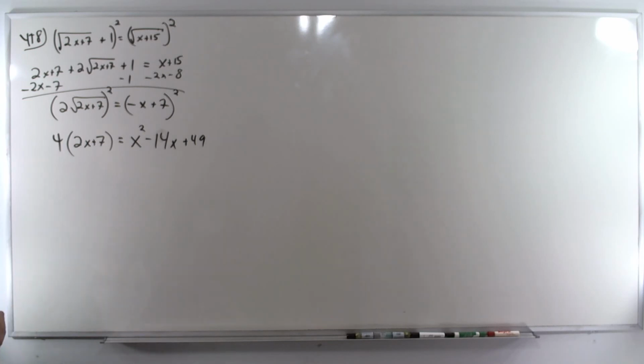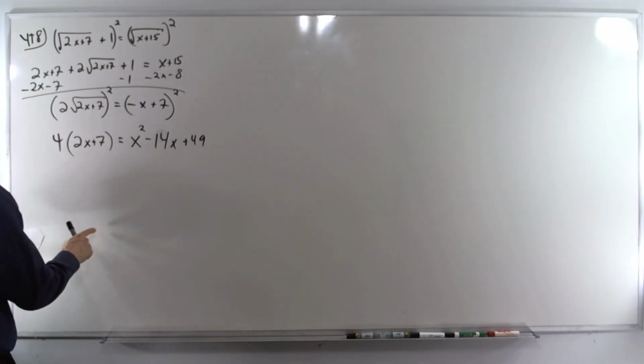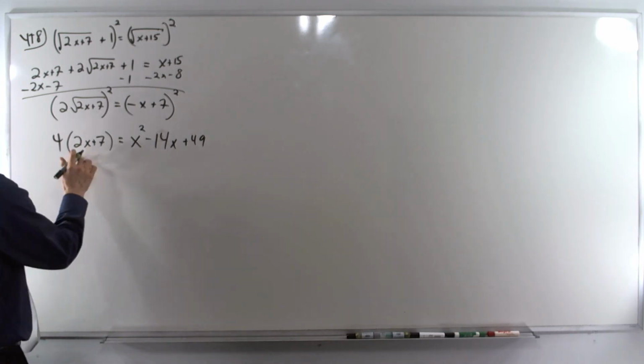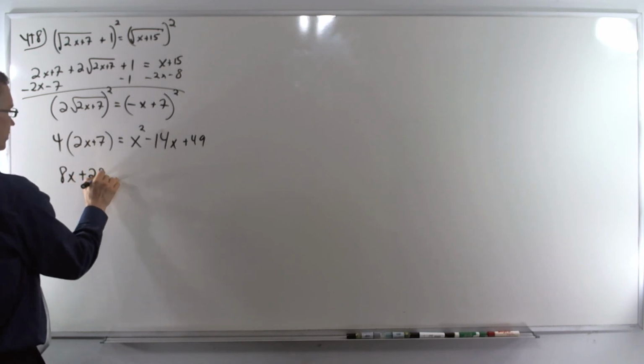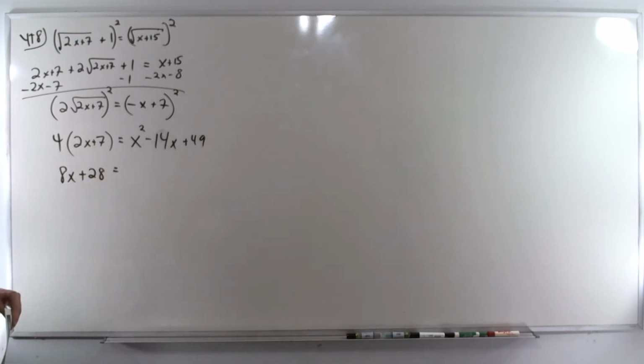Okay. Now we can distribute here. So 4 times 2x, that gives us 8x, and 4 times 7 is 28. So 8x plus 28 there.